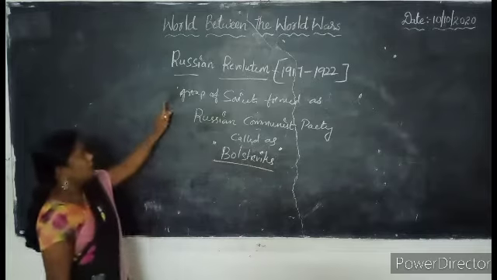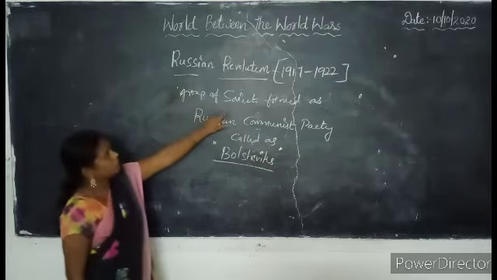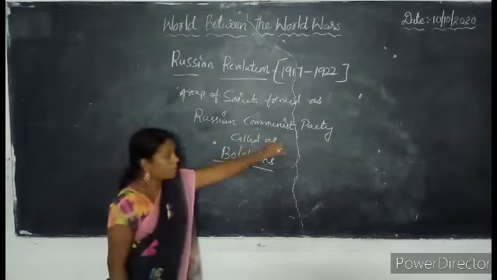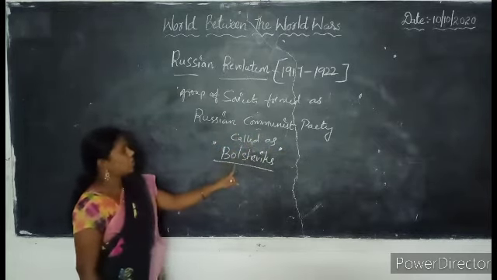So all the group of Soviets formed the Russian Communist Party. We can call it the Bolsheviks.